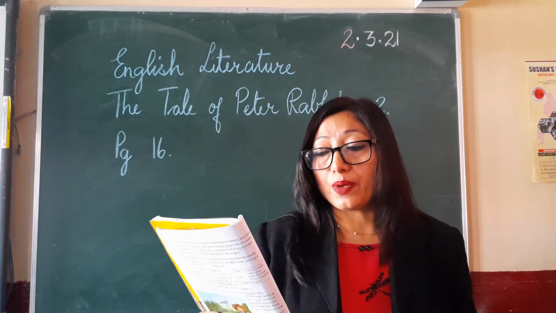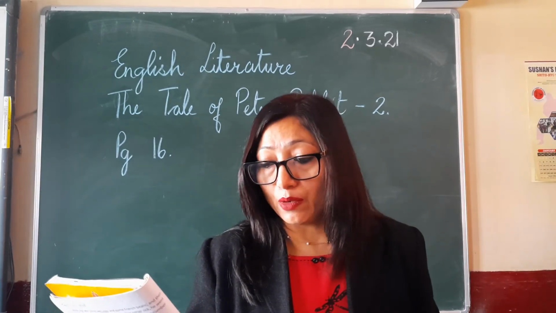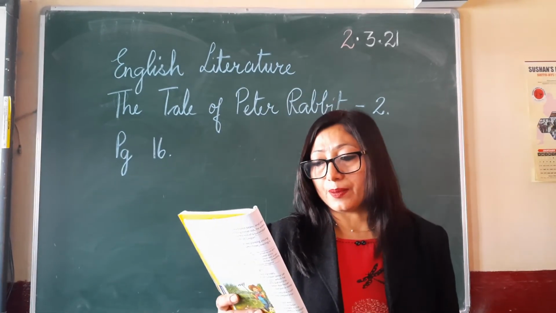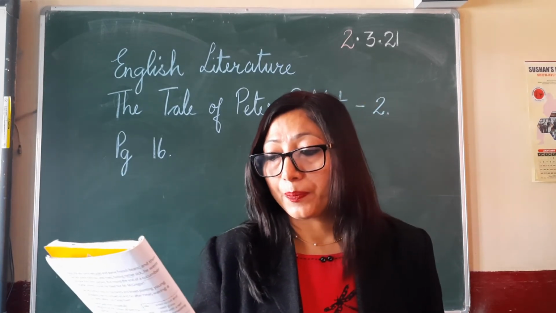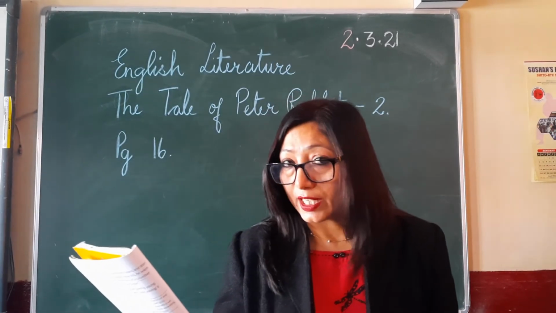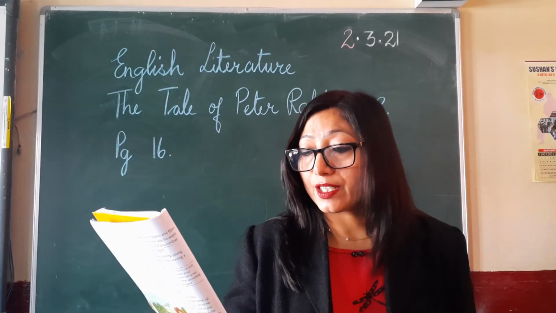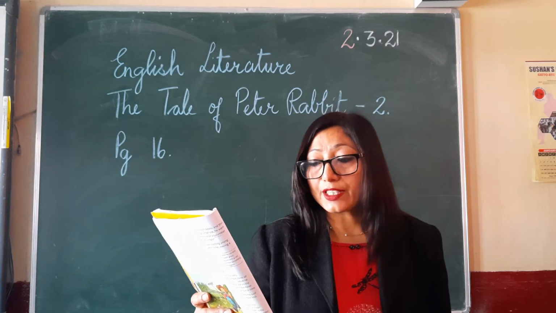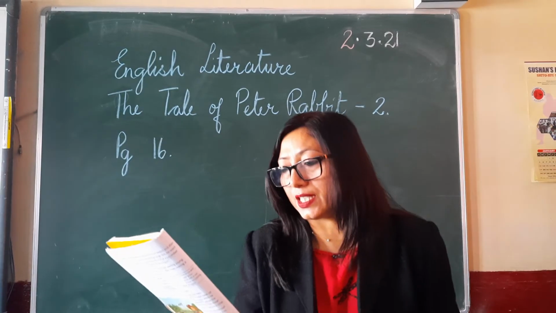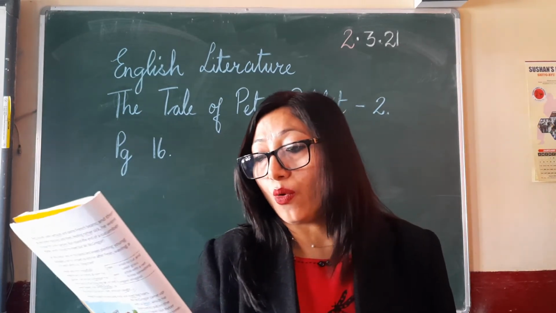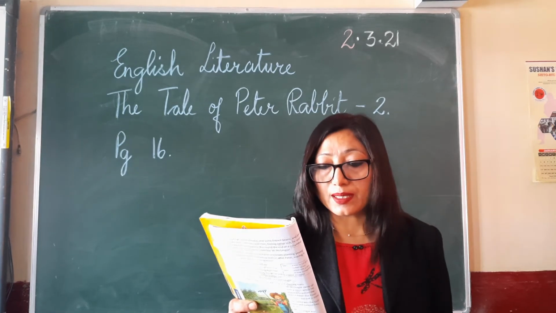Peter asked her the way to the gate, but she had such a large pea in her mouth that she could not answer. He went back towards the tool shed, but suddenly, quite close to him, he heard the noise of a hoe. Scritch, scratch, scratch, scritch. Peter scuttled underneath the bushes. So he moved very hurriedly underneath the bushes.